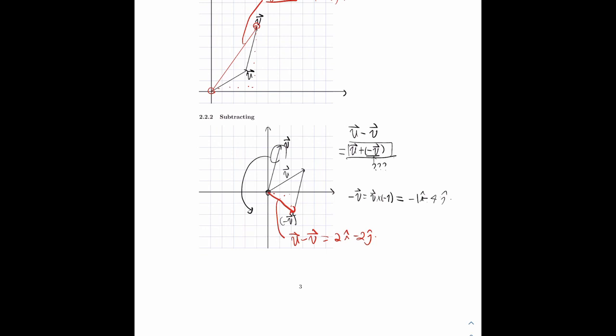Now, this is how you do addition and subtraction of vectors when we don't necessarily know the components and we only know the drawings.